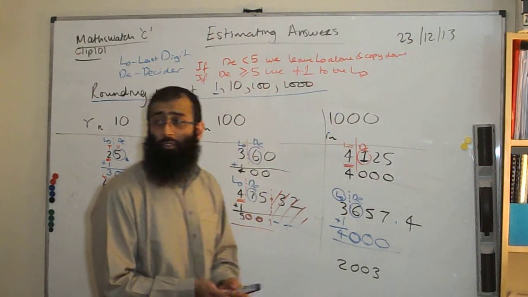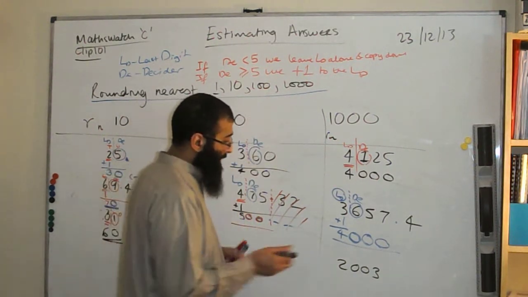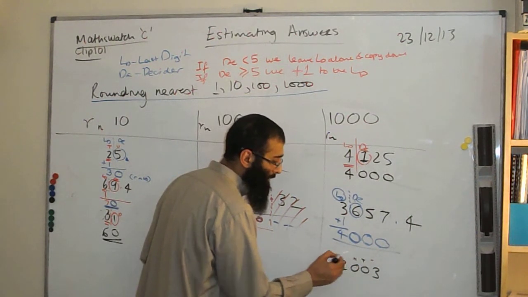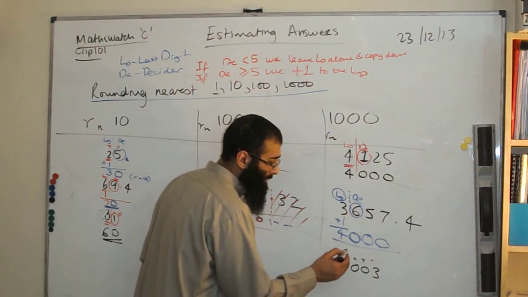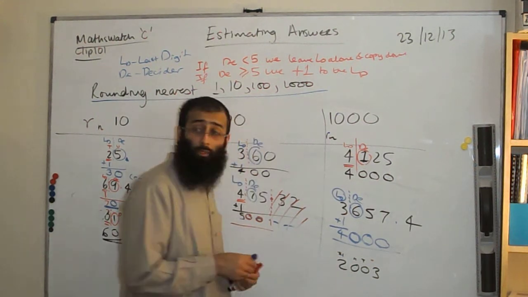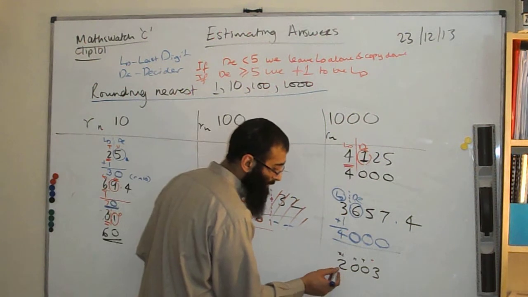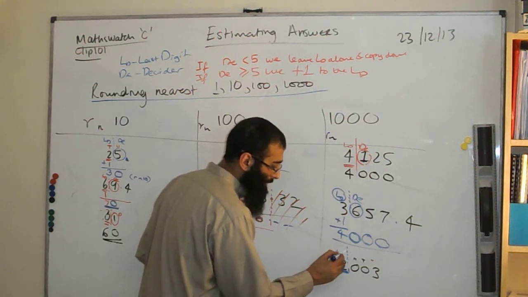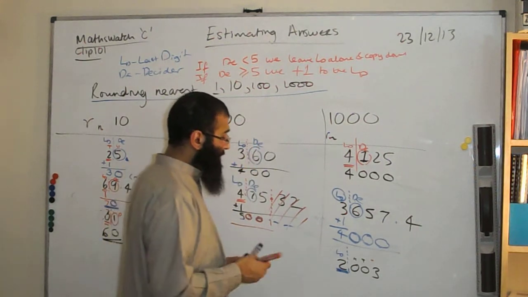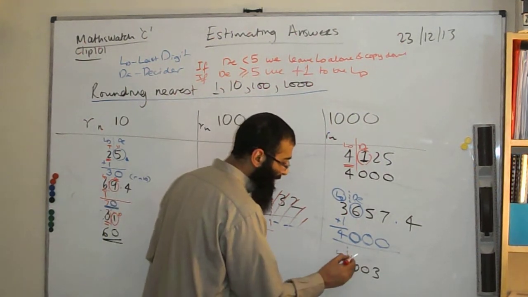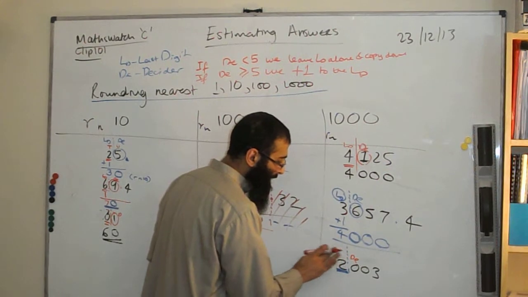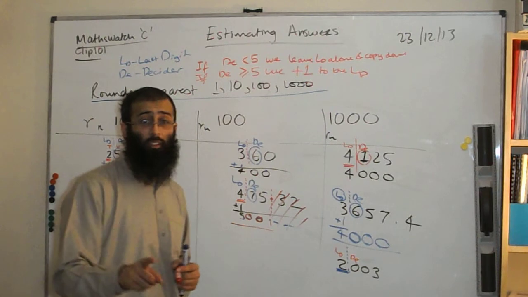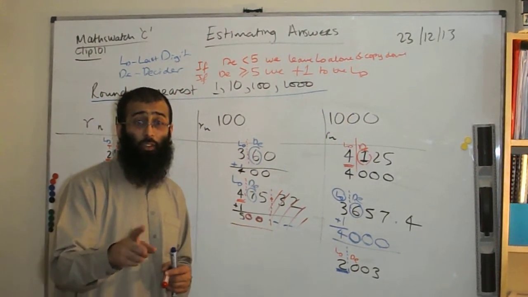Next one, 2,003, is a nice easy one, hopefully. We have here units, tens, hundreds, and thousands. So Hassan, which one are we looking at? The 2. That's called the last digit, and the next one's called the decider.